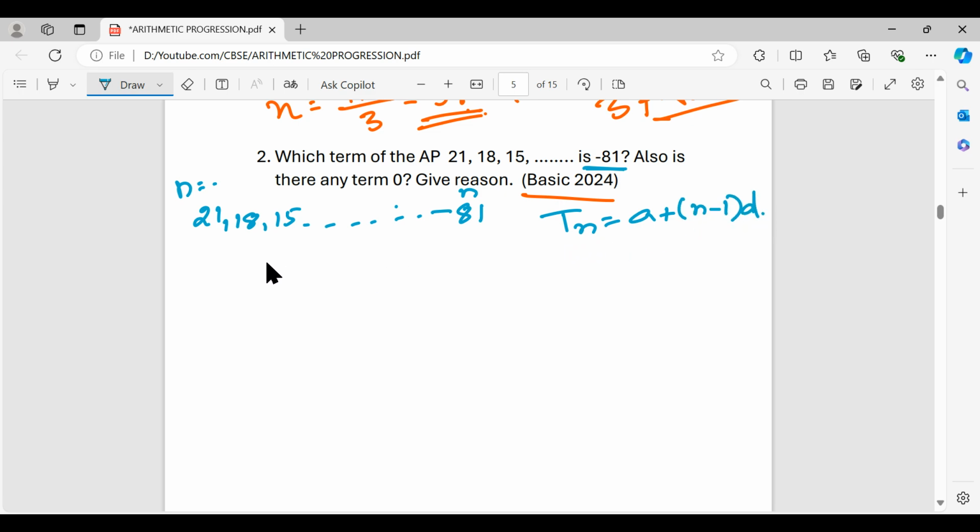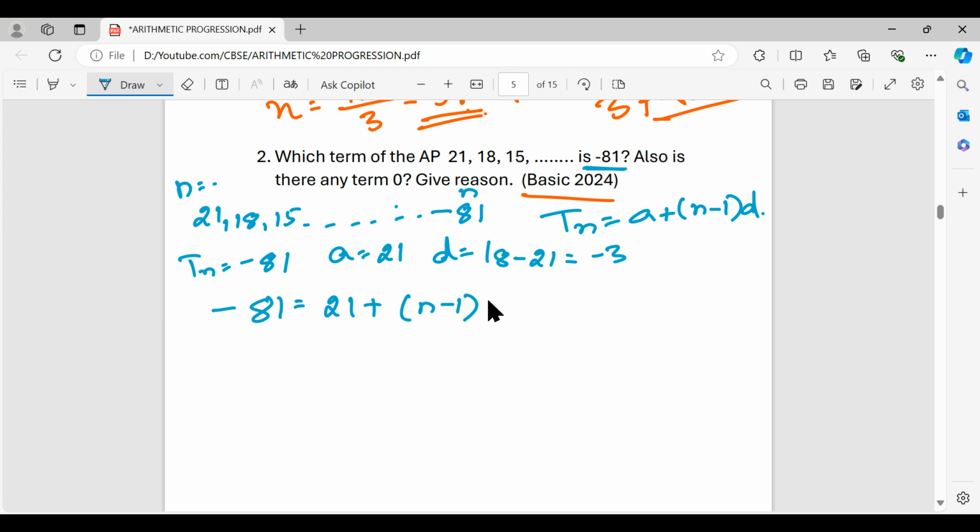Here your nth term is minus 81 because we are looking for this position, and then a is 21, and then d is, see, 18 minus 21, which will give you minus 3. So we substitute all this. You will have minus 81 equals 21 plus n minus 1 times minus 3.